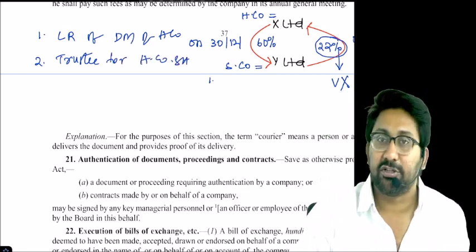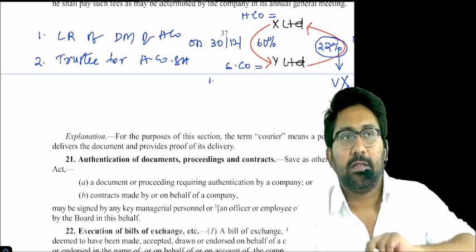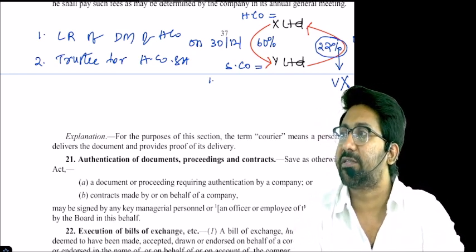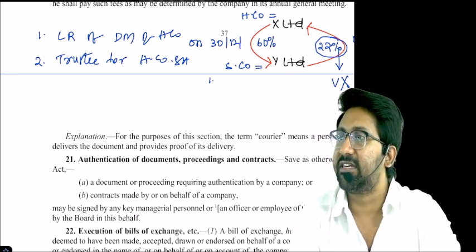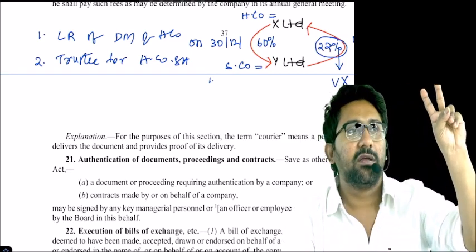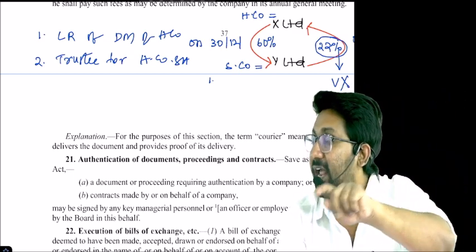Sir, I didn't understand this too. Sir, I will explain the point clearly. Listen. There are 2 concepts. One is called a transfer. Another one is called a transmission. 2 types are there in Companies Act. Listen carefully. Transfer, transmission.